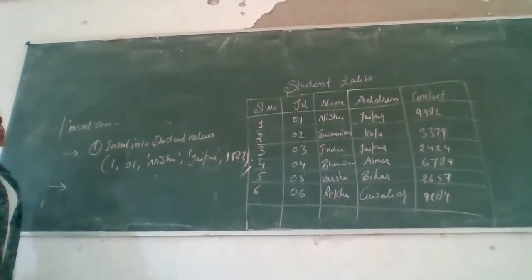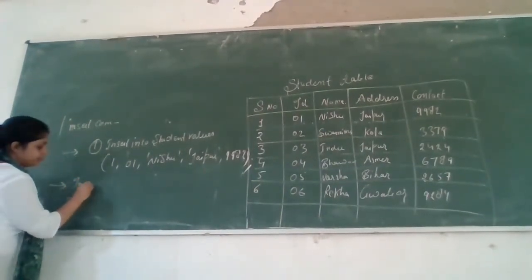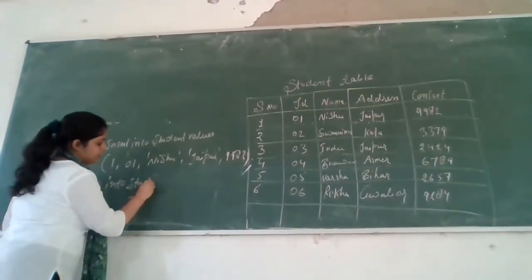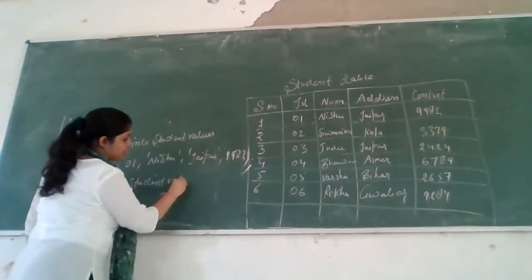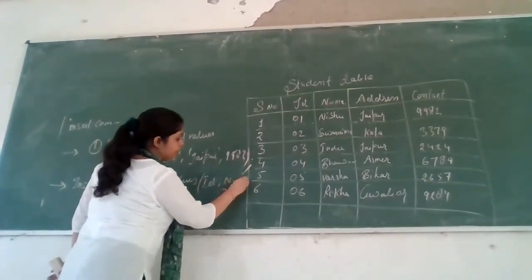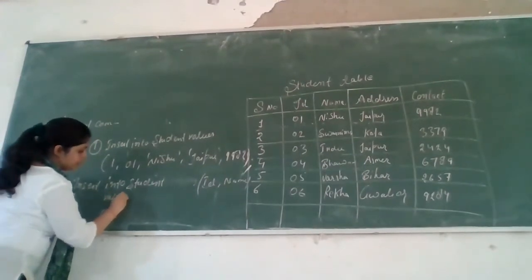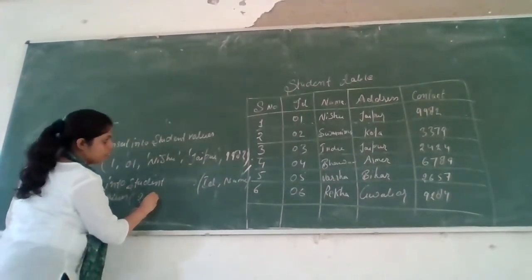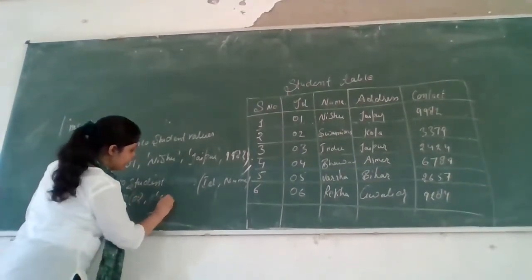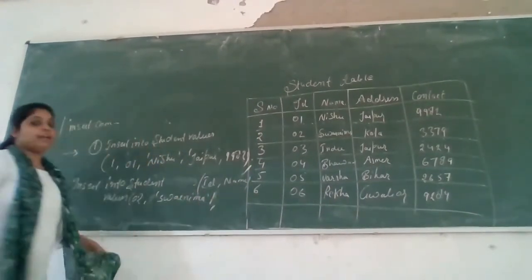Now we use the second insertion command. The second insertion command is insert into student values like ID, name, and their values are 02 and 21.